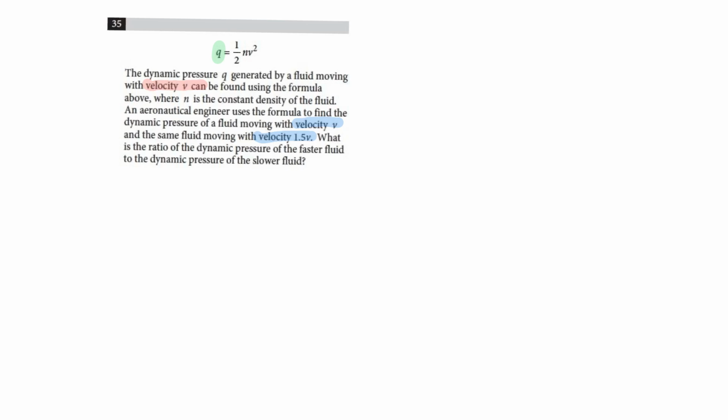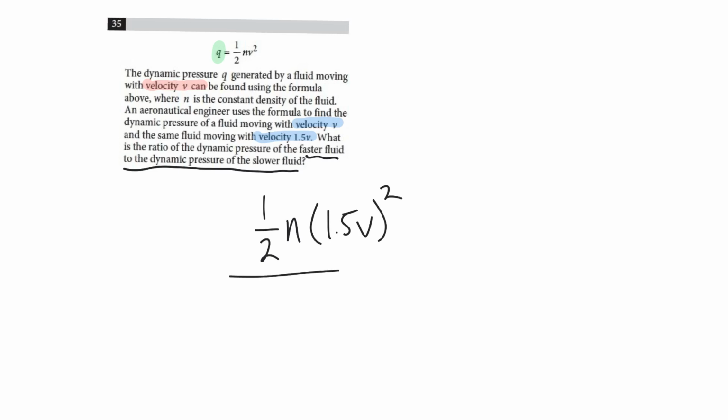Okay, so it's the faster velocity to the slower velocity. So we're going to have 1/2 n and 1.5 v squared to 1/2 n v squared.